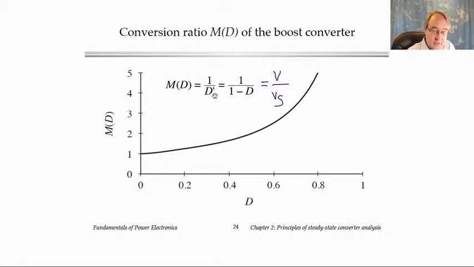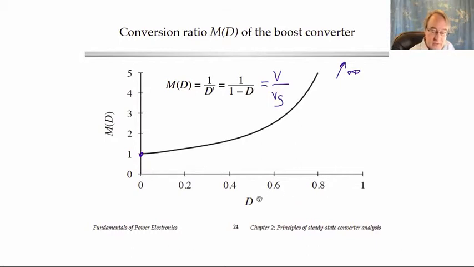At d of 0, we have d' is 1, and the conversion ratio is 1, meaning that the output voltage equals the input voltage. And as we increase the duty cycle, this function gets larger and larger. And in fact, as d goes to 1, d' goes to 0, and the ideal conversion ratio function heads to infinity at d of 1.